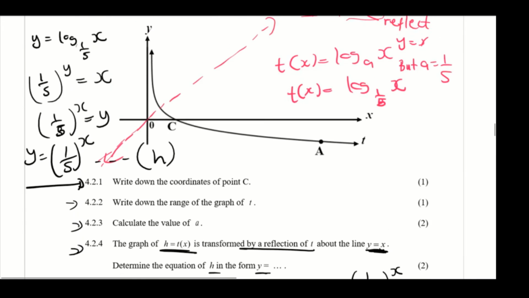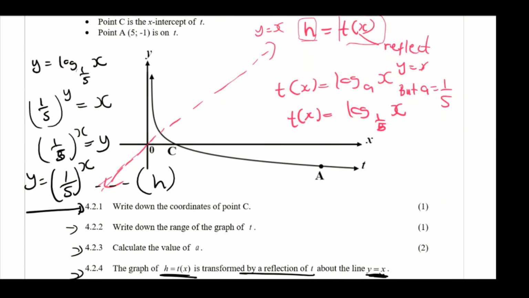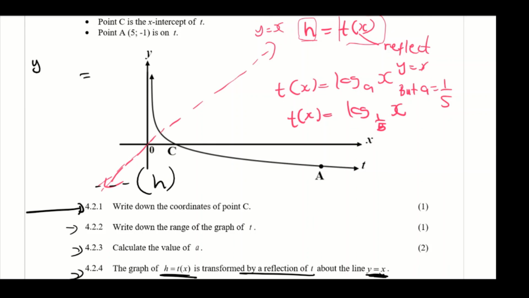If you look at this graph here, the reflection of this graph will pass through here, basically. So this is the graph of h, right?